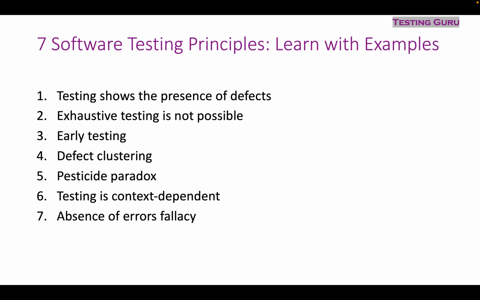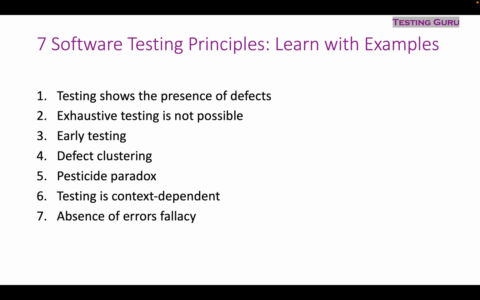This can be the case if the system is tested thoroughly for the wrong requirement. Software testing is not merely about finding defects, but also about checking that the software addresses the business needs. The absence of errors is a fallacy, that is, finding and fixing defects doesn't help if the system built is unusable and doesn't fulfill the user's needs or requirements.